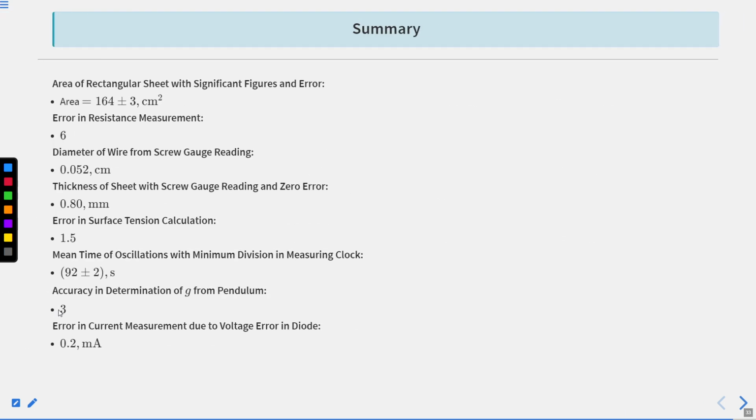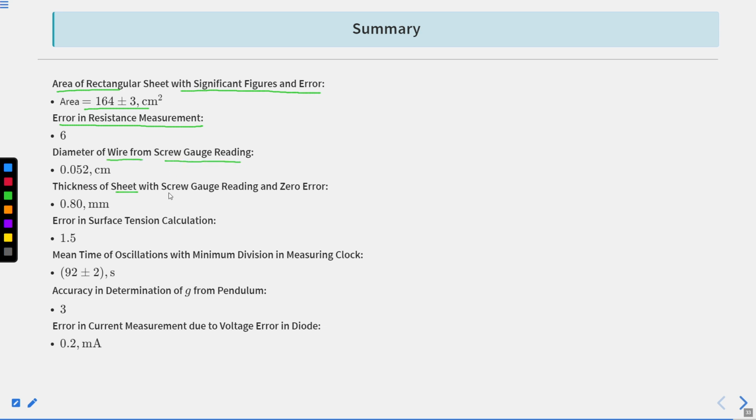Some more topics. Area of a rectangular sheet with significant figures and error, which is this. An error in resistance measurement. Diameter of wire from screw gauge.